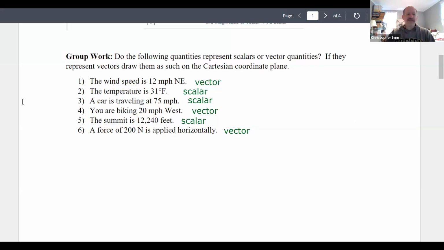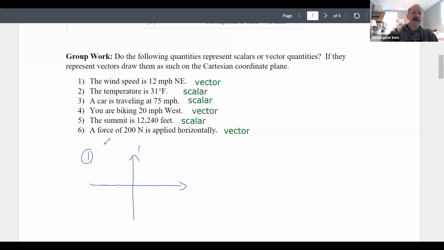If we want to represent these, we can do so by drawing them in standard position with our coordinate system. So for instance, number one, my vector quantity there could look like this. The wind speed is 12 miles per hour north and east.